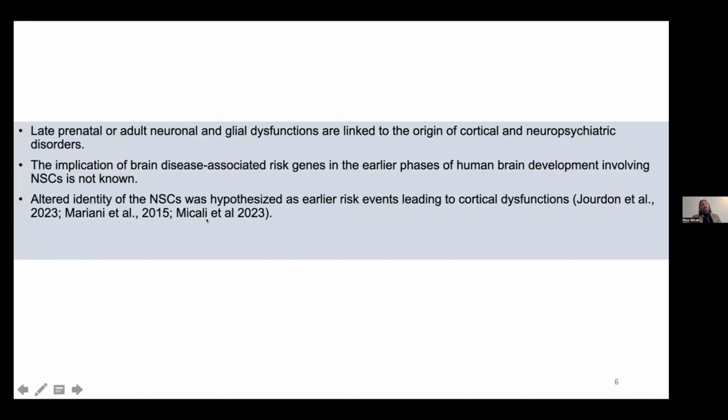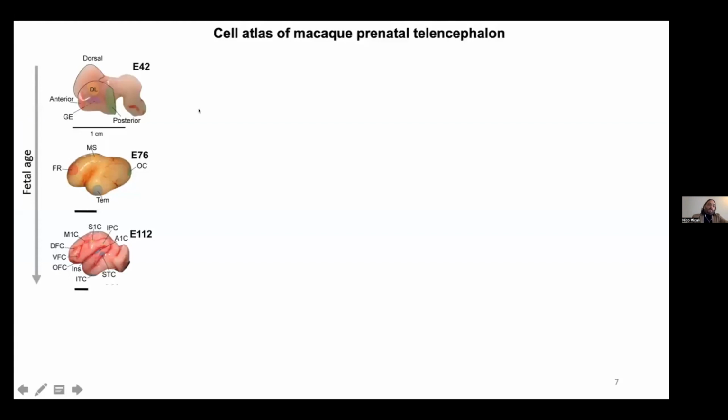Our lab also recently published a paper showing association of the expression of the risk genes involved in neuropsychiatric disorders during the patterning phase and during the early radial glial development in macaque telencephalon. In this work, we dissected regions of the early developing macaque telencephalon, from the early phase before neurogenesis up to gliogenesis.